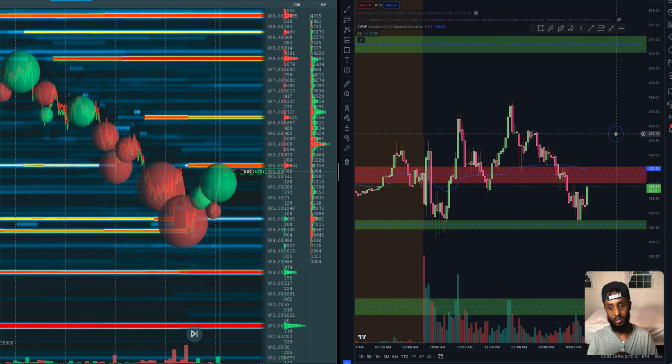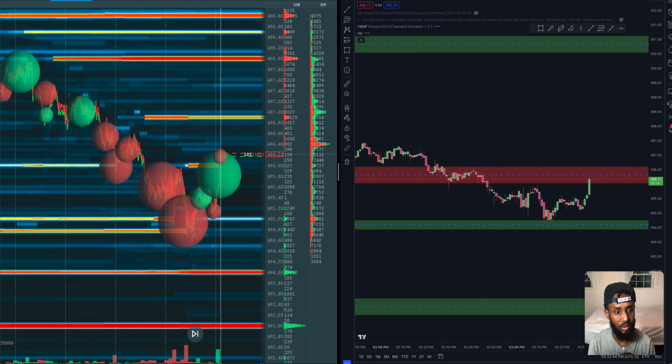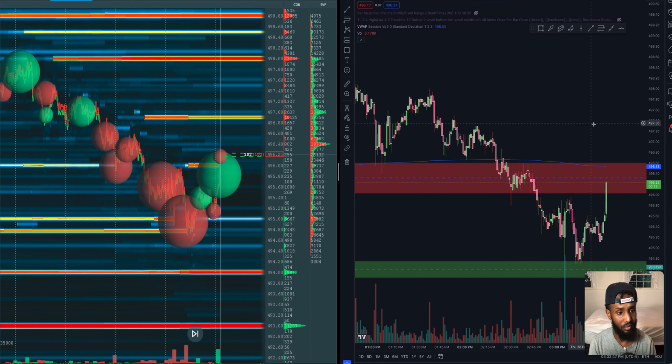Alright, so Nvidia is on a little run right now. I'm going to wait until we come to that 496 area before I take my trade on. I'm trading everything on my Robinhood account, my short-term account, or my small account, only because obviously these markets are untrustworthy at the end of the year like this.